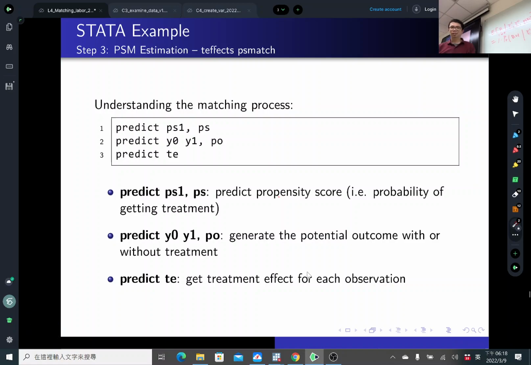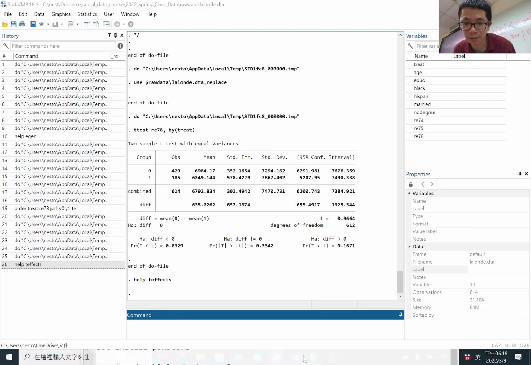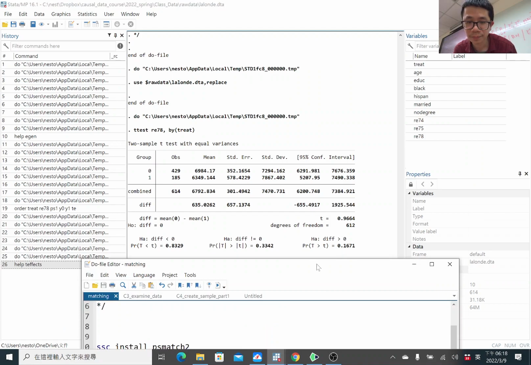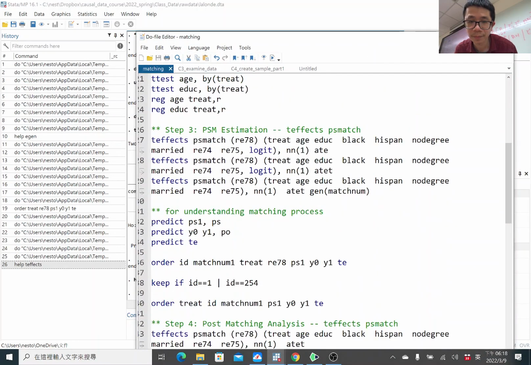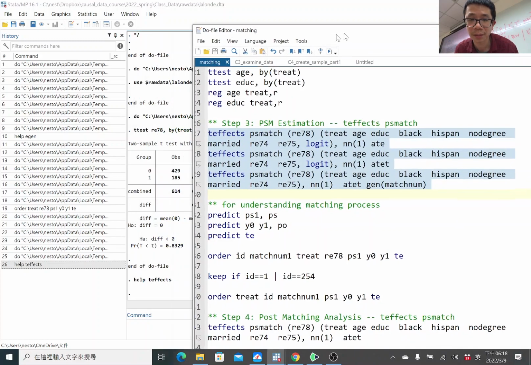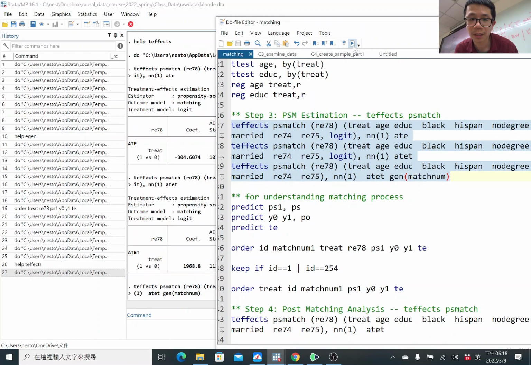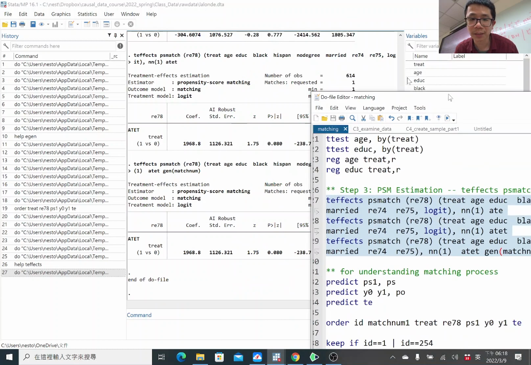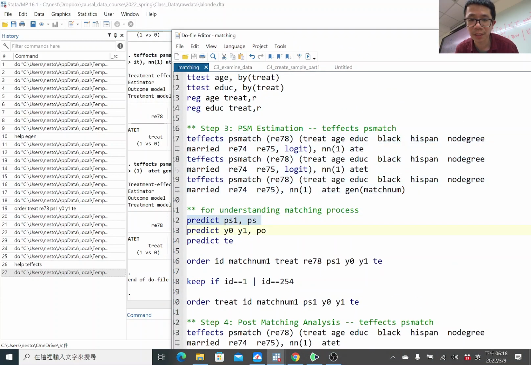What does this mean? So I implement this. That's the same thing I just mentioned. After you implement this code, you may want to know, for example, the potential score for each sample.